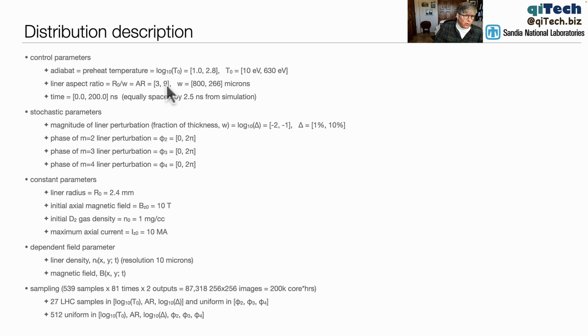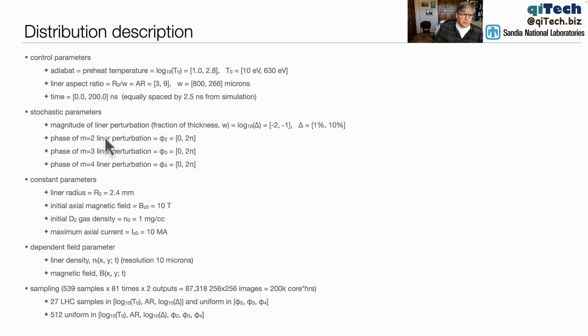And that is again why this was chosen to be one of the critical control parameters of the simulations. The output fields were sampled between 0 to 200 milliseconds, which is the pulse length, and it was sampled equally spaced by 2.5 nanoseconds.